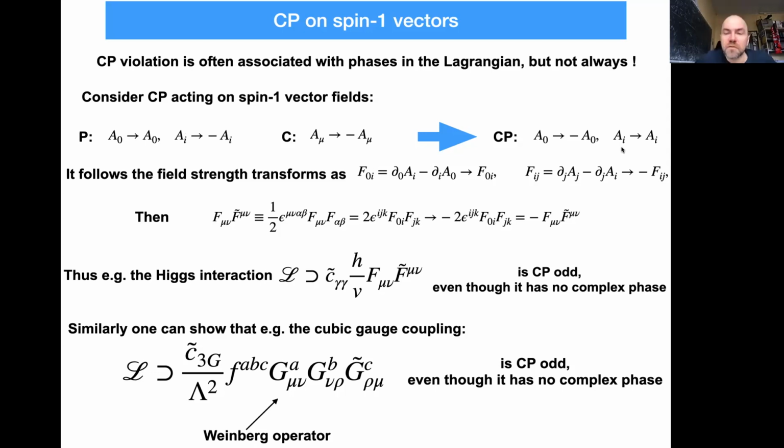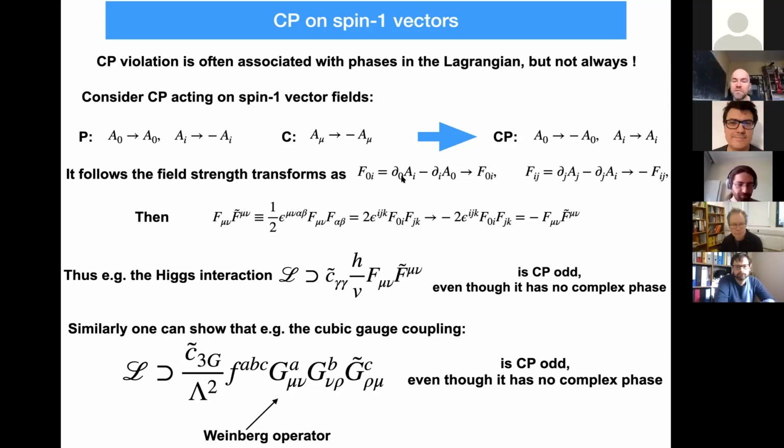So now we can look at what happens with the field strength. The field strengths that we use to build the Lagrangian: for example, F0i is the derivative with respect to time of A^i minus the derivative with respect to space of A0. Here A0 changes into minus itself, but under parity the derivative also changes into minus itself, so nothing happens.